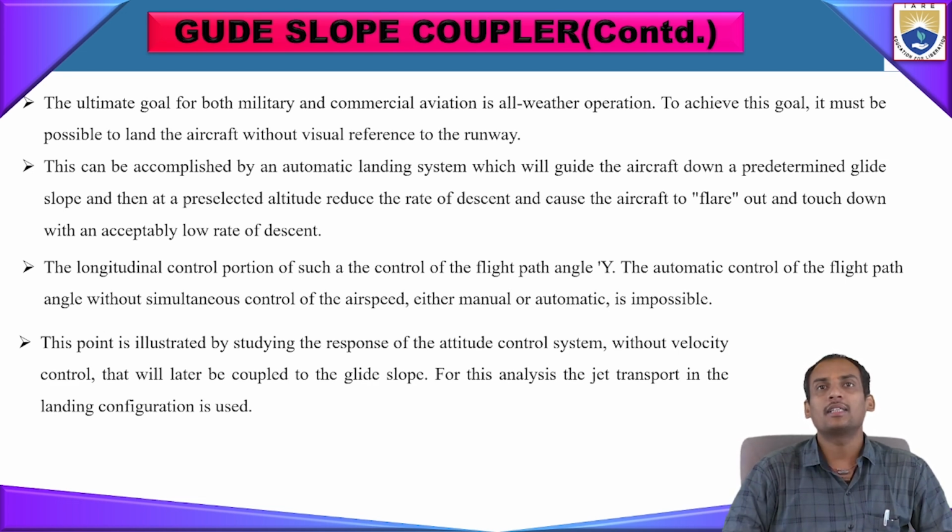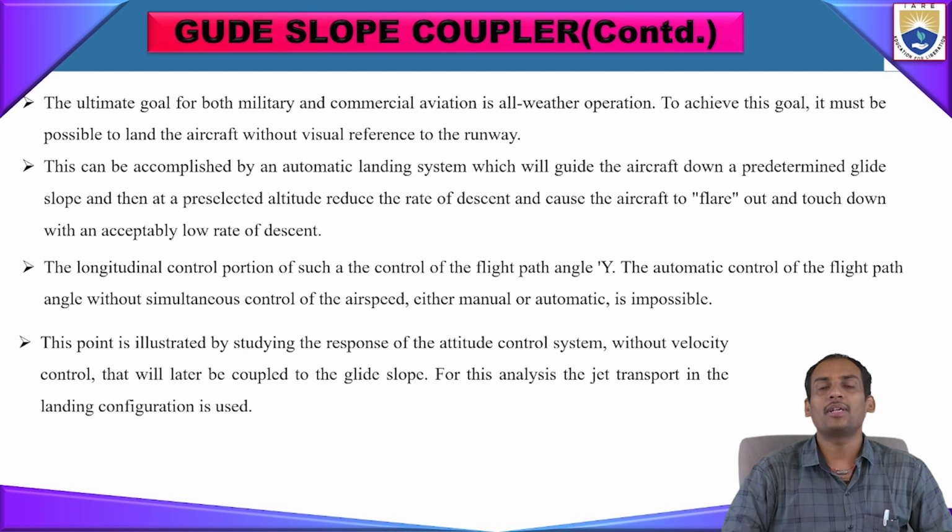This can be accomplished by an automatic landing system, which will guide the aircraft down a predetermined glide slope, and then at a pre-selected altitude reduce the rate of descent and cause the aircraft to flare out to touchdown with an acceptably low rate of descent.